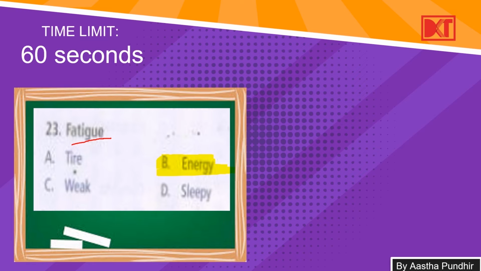Okay, and energy here means the exact opposite, being energized and having strength. That is the antonym. The other ones could easily be called the synonyms: tired and weak and sleepy, feeling lazy, all of that.